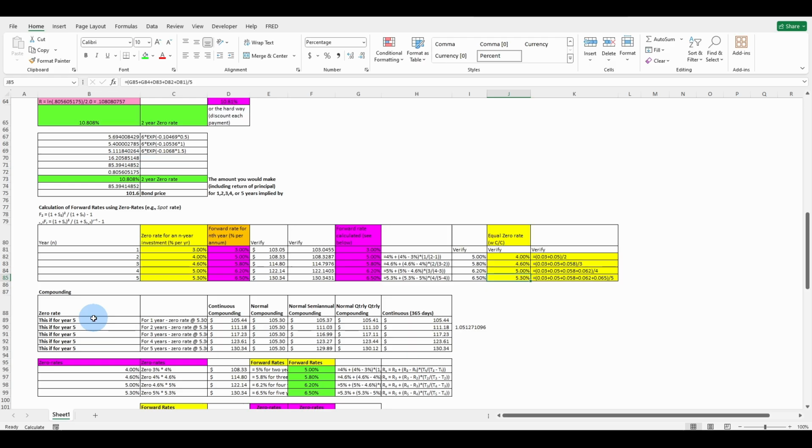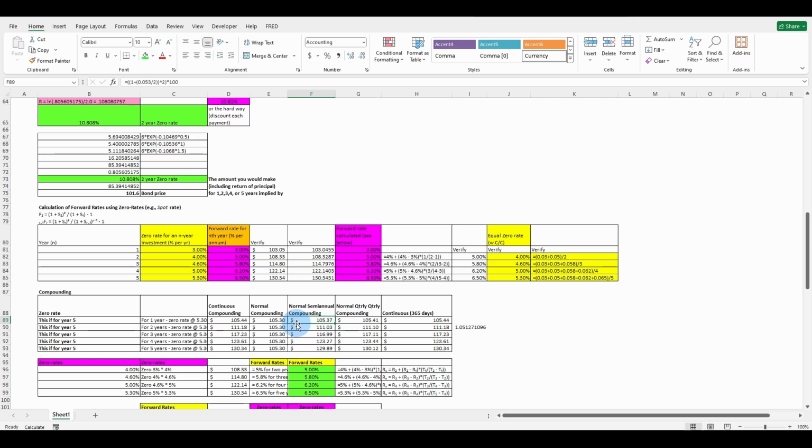Compounding, this is for year 5. For 1 year, zero rate at 5.3%. Continuous compounding. You take 100 EXP, and this is for year 5. So if we want continuous compounding, it's going to be 105.44. Normal compounding, 105.30.